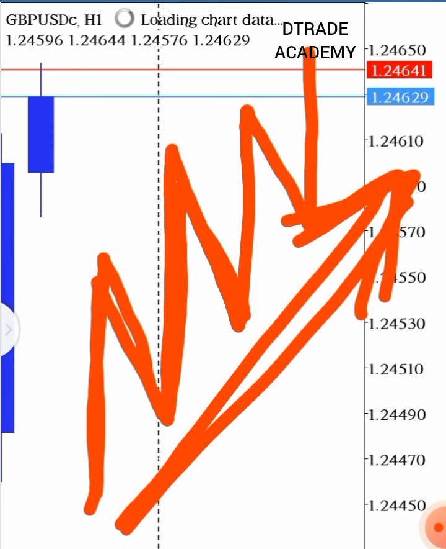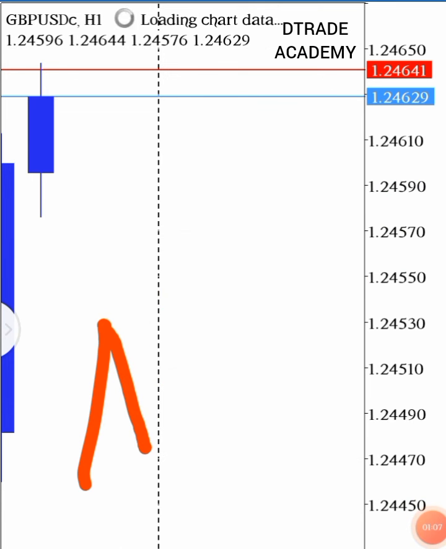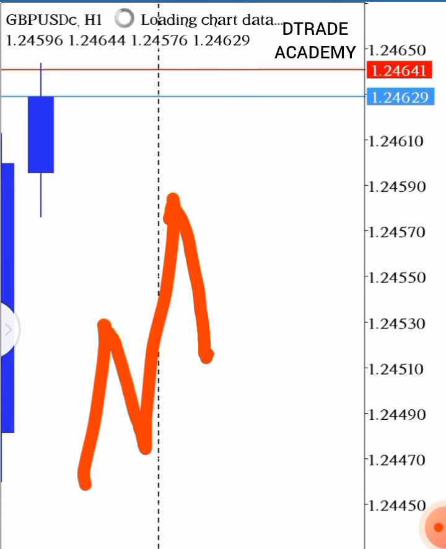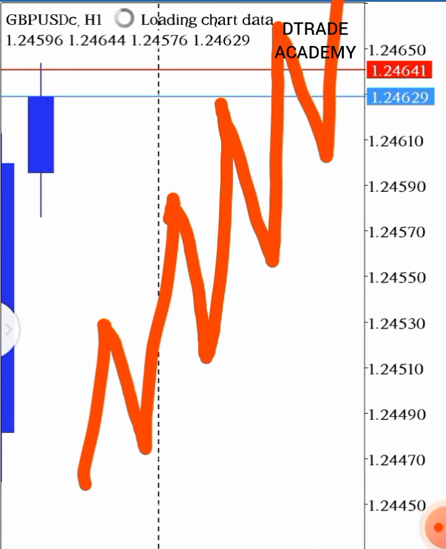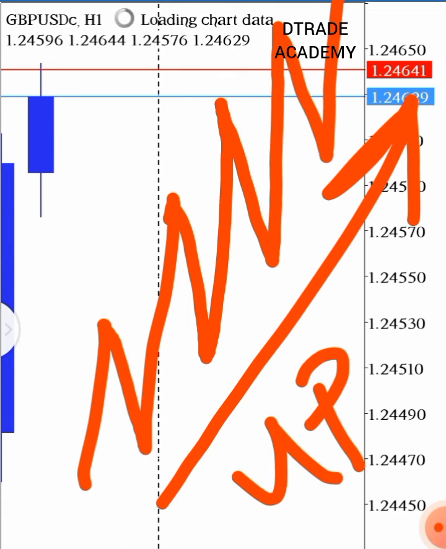But what makes it an uptrend is when we have more buyers being able to push the price further. Though we might have sellers, when more buyers push the price further away, the price jumps up. So in an uptrend, we have both buyers and sellers.